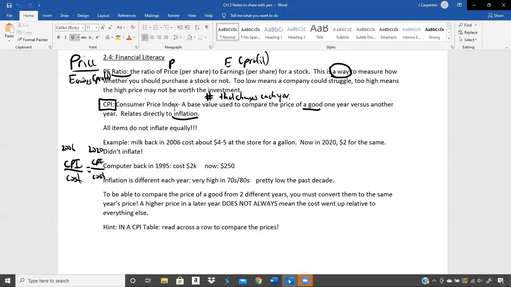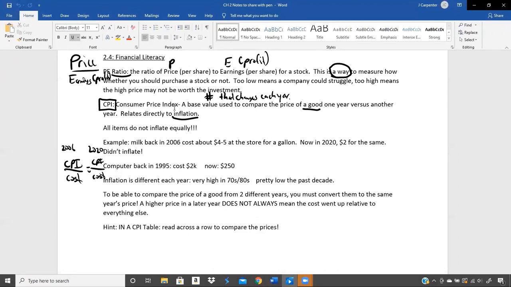When was that ream of paper cheaper? You might say obviously 1990 because it was $1. Well, when we say cheaper, we're also thinking relative to the value of the dollar. On an absolute level, a ream of paper was cheaper in 1990 because it was $1 and it's $1.50 now.